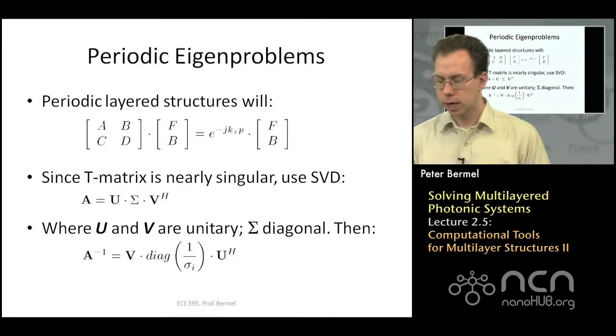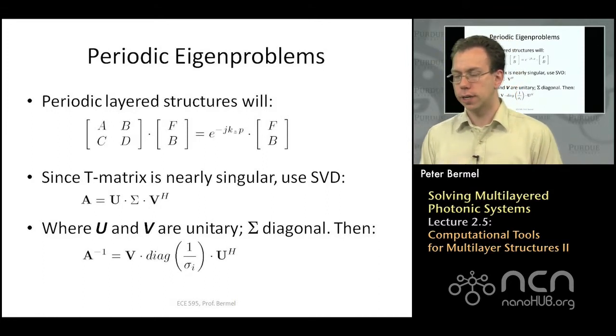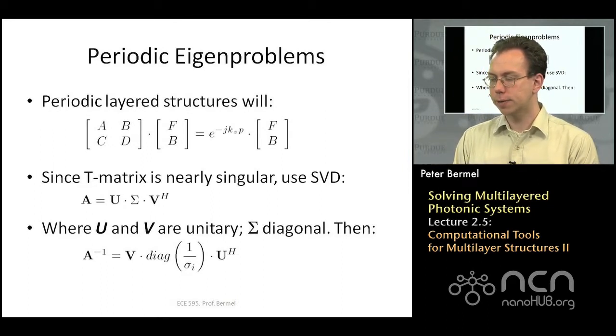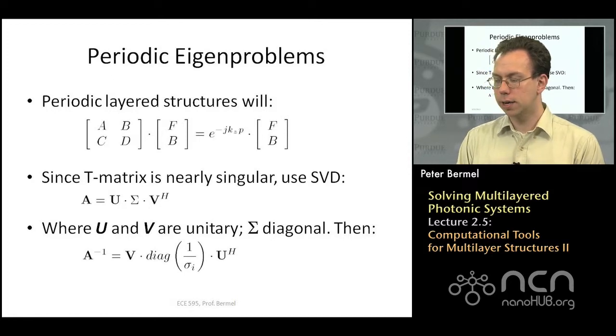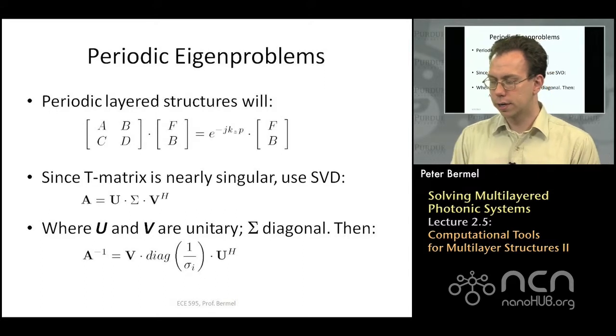And now, if we actually have a periodic array of layers in the Z direction, keep in mind that we know it would solve this eigenvalue problem where the eigenvalue is a complex exponential, like e to the minus j beta p, where p is the periodicity of the structure.